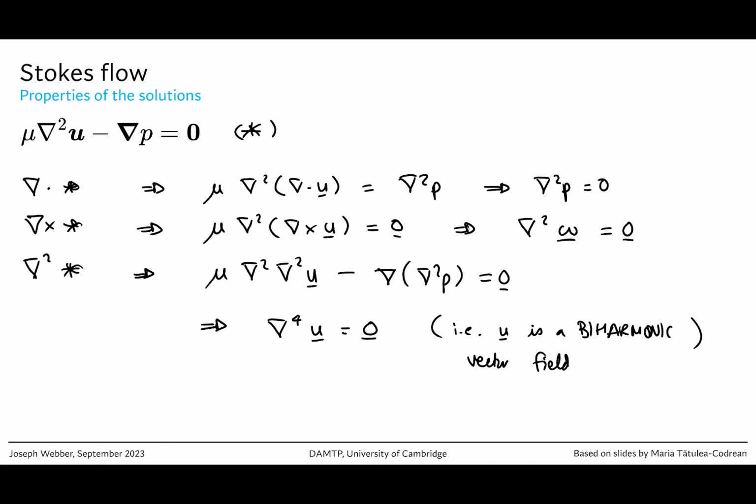So the solutions to Stokes' equations have a lot of very interesting properties, and we've got equations that we can solve for these solutions. They're quite nice and linear, and so these are incredibly powerful when it comes to solving problems with Stokes flow systems.